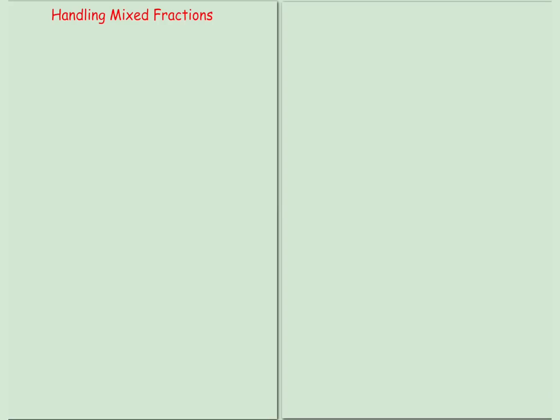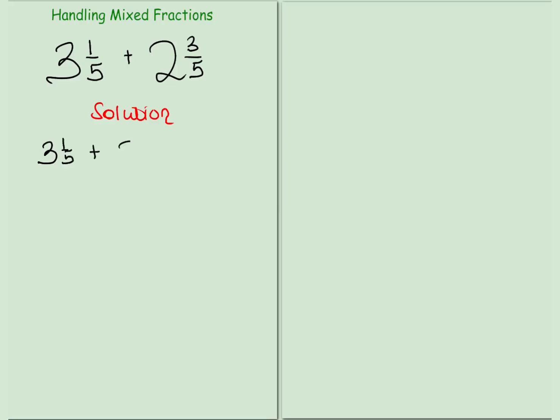You see, so when it comes to adding mixed fractions, let's take some examples, and then from that I would explain to you. So we have 3 whole number 1 over 5 plus 2 whole number 3 over 5. So 3 whole number 1 over 5 being added to 2 whole number 3 over 5.